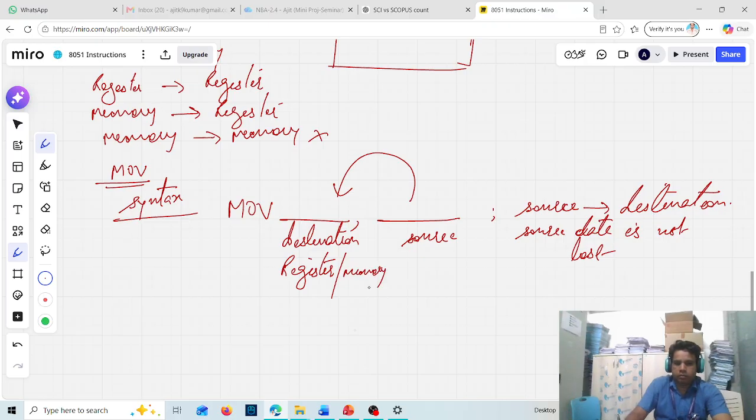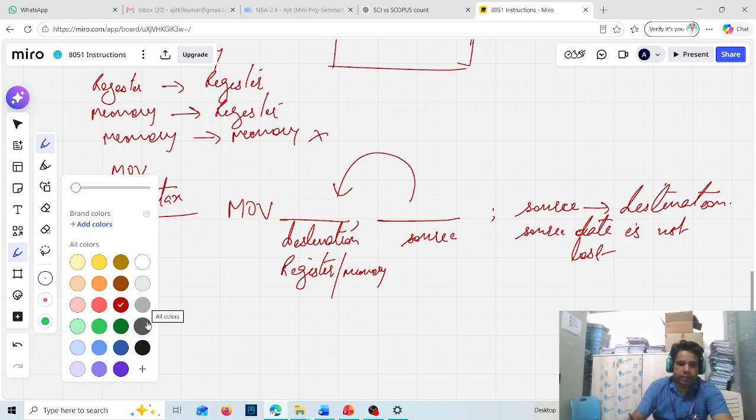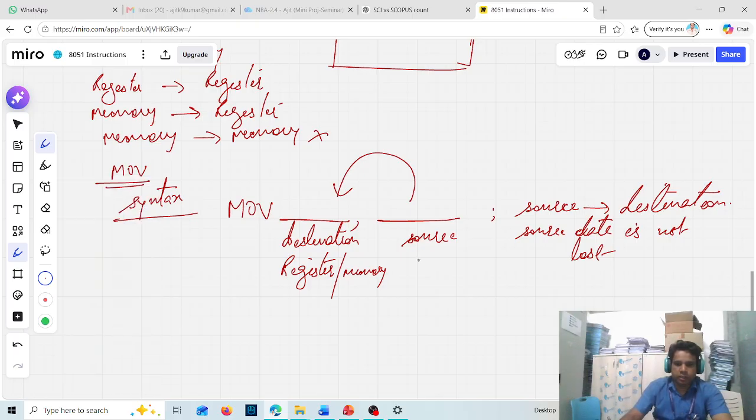The destination can be a register, or it could be memory, or it could be an immediate value.